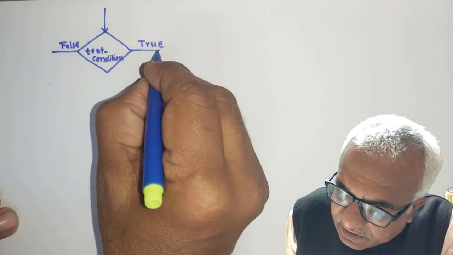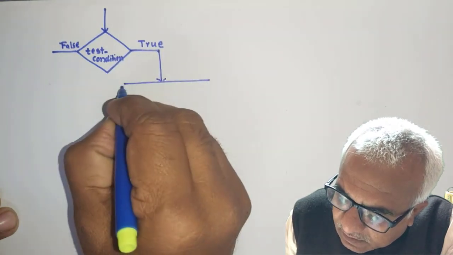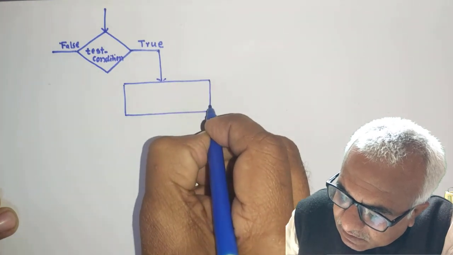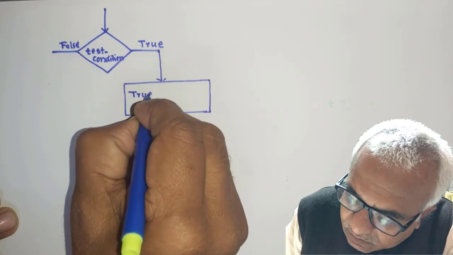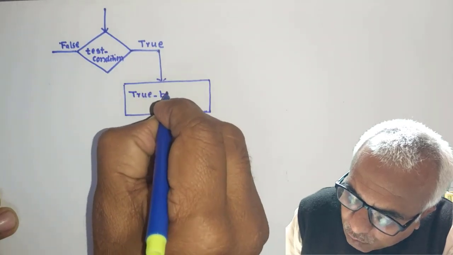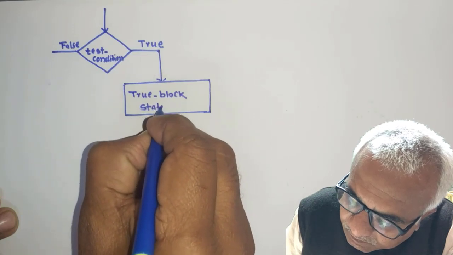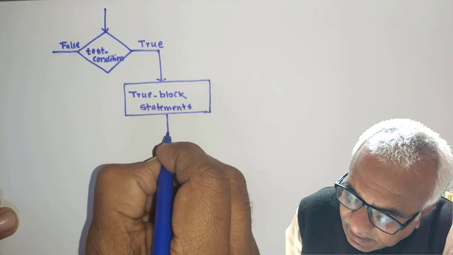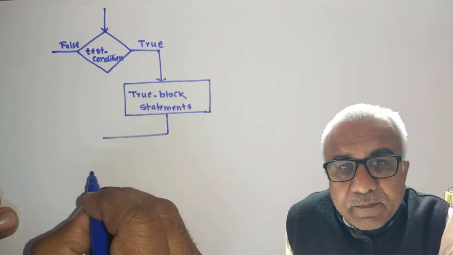If this test condition is true, then the statements present in the true block, we call them true block statements, are executed and then the next statements are executed.